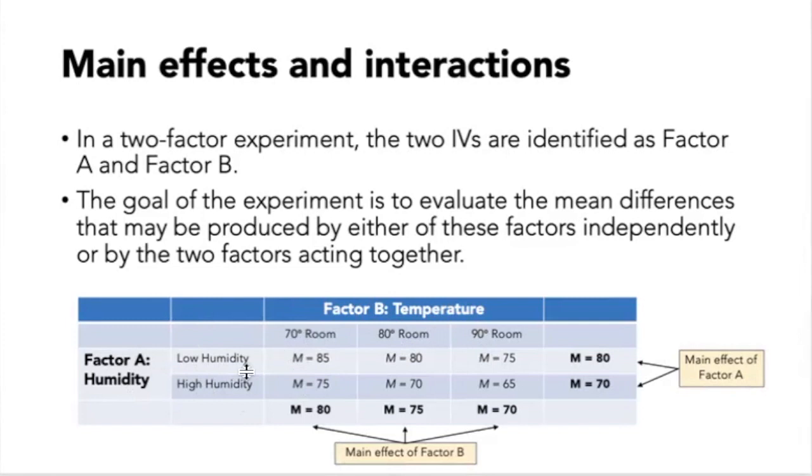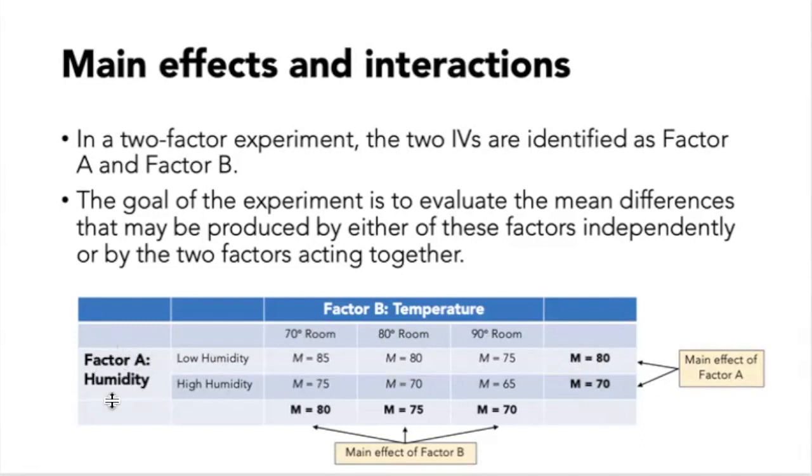Now, on average, the low humidity group has a performance score of 80, and the high humidity group has a performance of 70. So you can see performance has dropped 10 points from low to high humidity. This is a noticeable difference in performance based on humidity, which you can notice if you get the average scores for the two rows here.